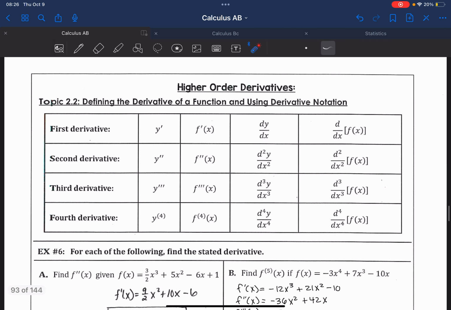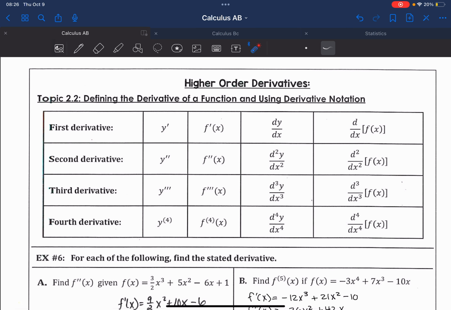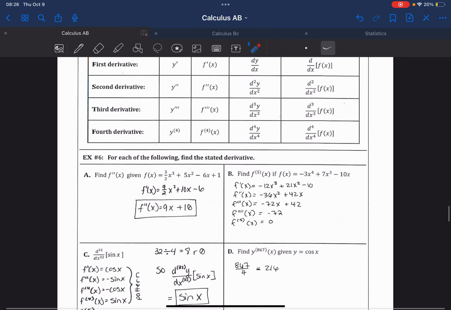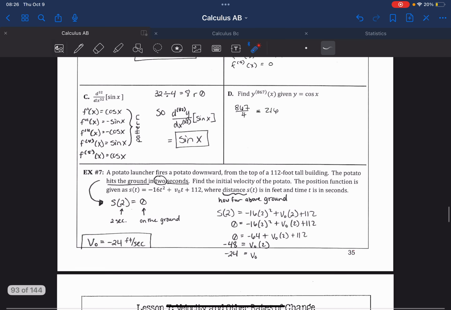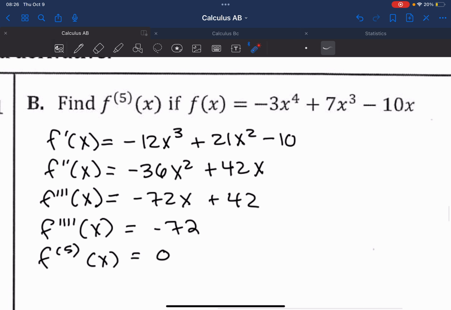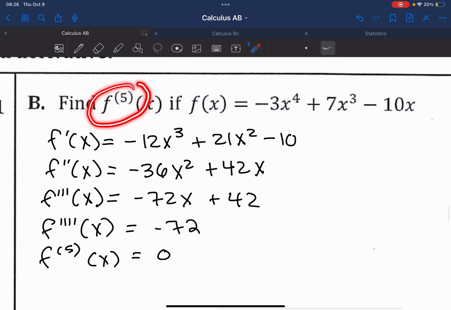Okay. This would be the notation for taking the derivative 1, 2, 3, 4 times in all the different forms. Remember, we learned about all the different types of ways we could write derivative notation. Okay, so for example, let's look at B. So B wants us to find the fifth derivative of f.